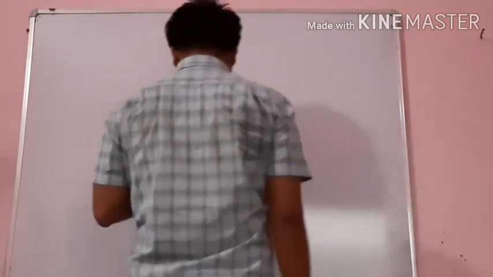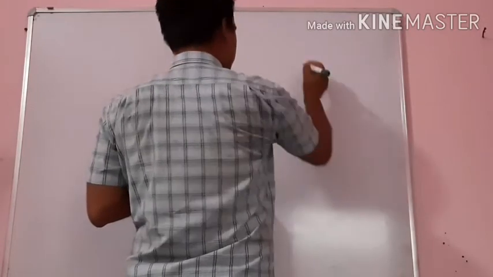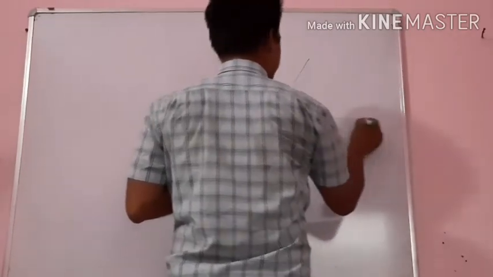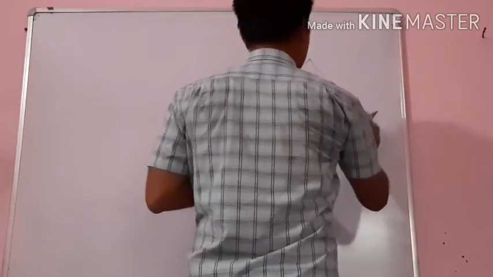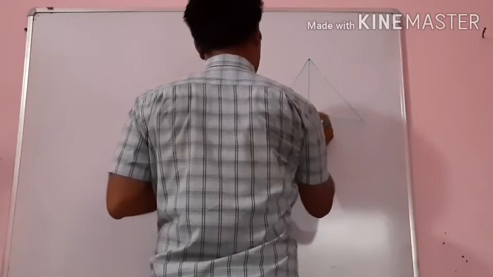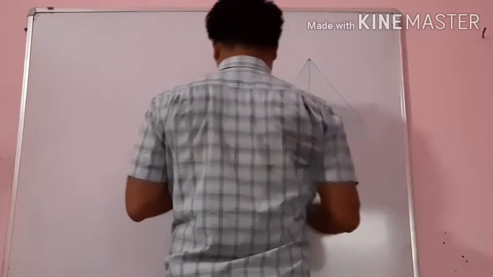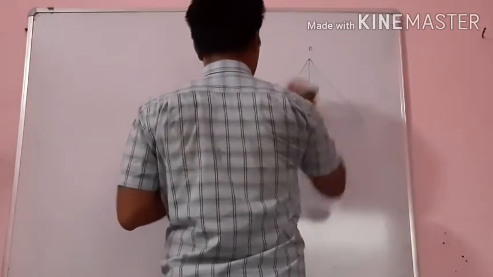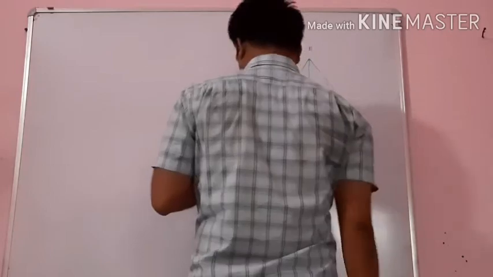If AD extended intersects BC at point P, see the given figure: A, B, C, P, D.